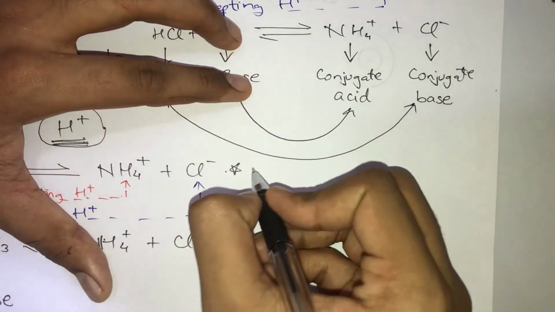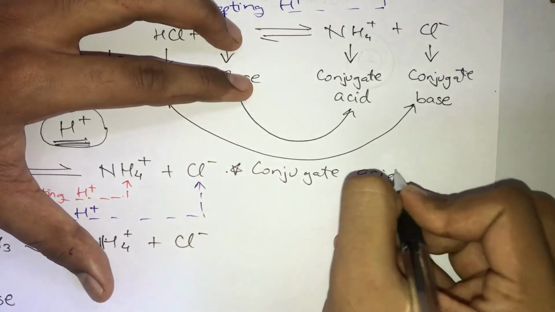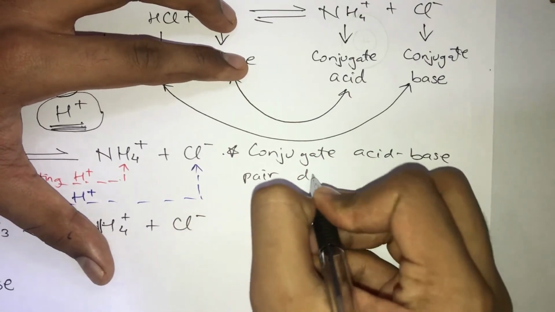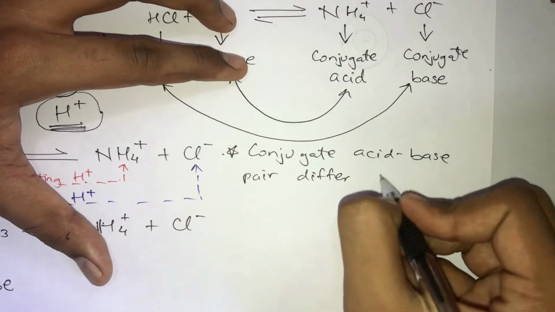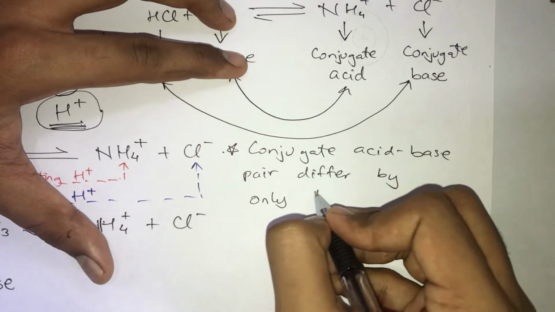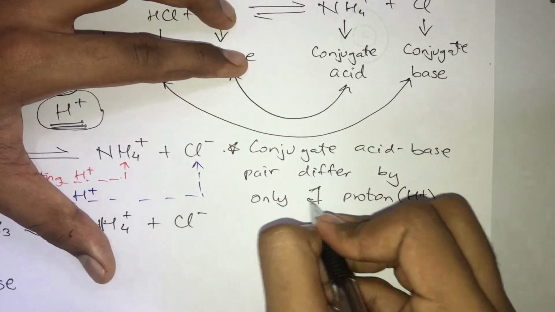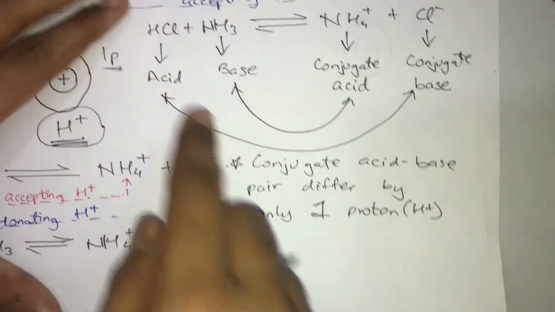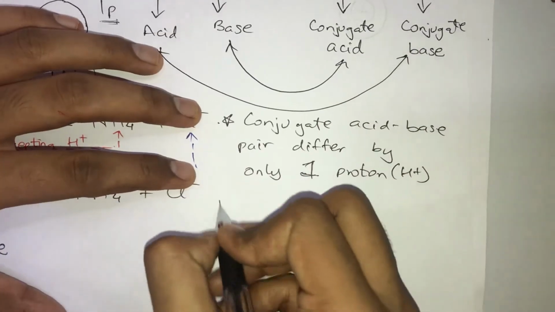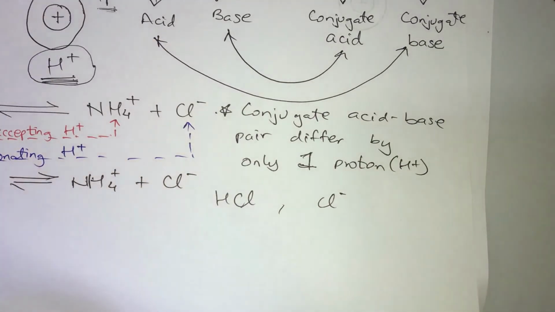A conjugate acid base pair differs by only one proton, that is nothing but an H plus ion. Let's check. Let's consider any conjugate acid base pair. Let's consider HCl and Cl minus. They both are a conjugate acid base pair.